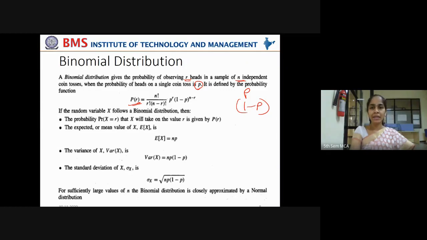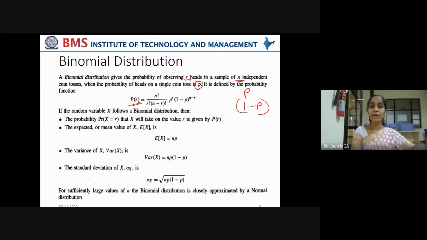In that case, p is the probability of getting heads on a single coin toss, which is the event you are interested in, and r heads are observed out of n coin tosses. Now, how can you write that probability function, which is also called the binomial distribution? How can you write that?